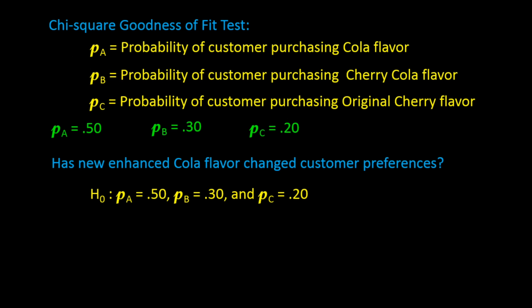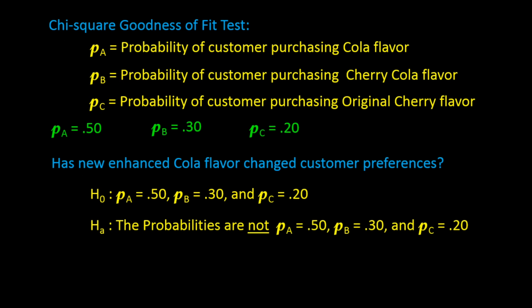If, however, the sample shows that the new and enhanced cola flavor has changed customer preferences, then we would find evidence to support the alternative hypothesis, and it would be stated as HA: the probabilities are not P of A 0.5, P of B 0.3, and P of C 0.2. In other words, those probabilities have changed as a result of the new and enhanced cola flavor.